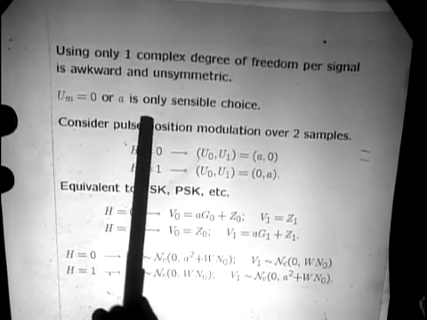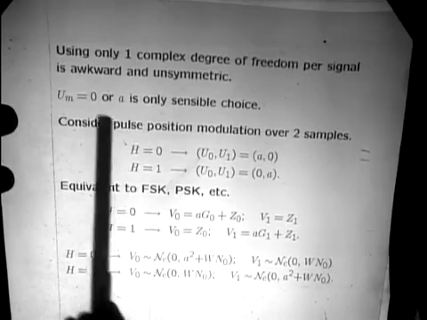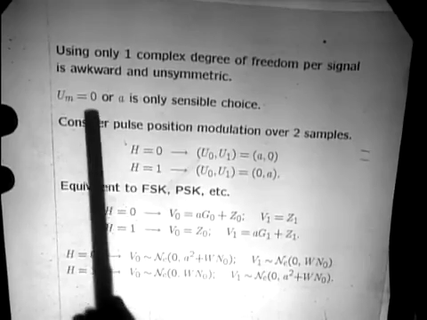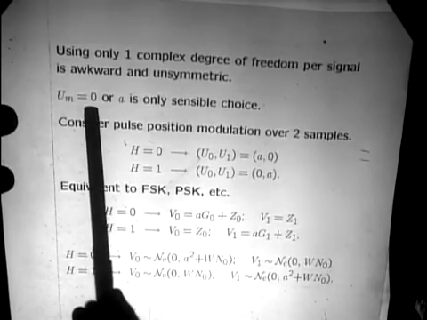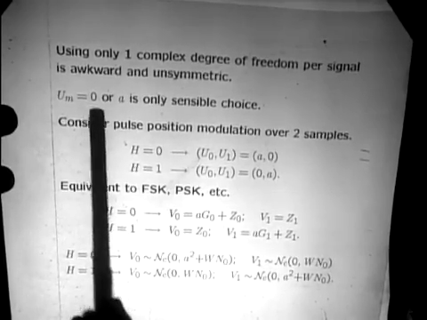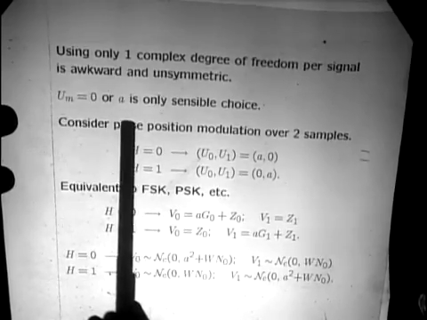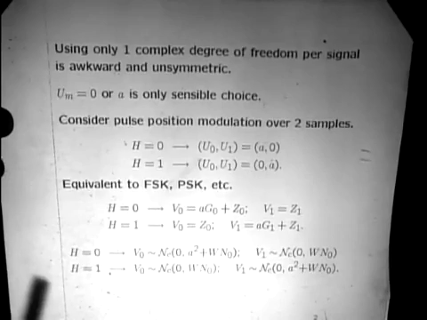Magnitudes are positive anyway. So if you're going to send binary signals, this is your only choice that makes any sense. If you make this larger than 0, you're just wasting energy. So you only have this choice, and you can choose the amplitude A that you're using, but that's the only thing that you can do.